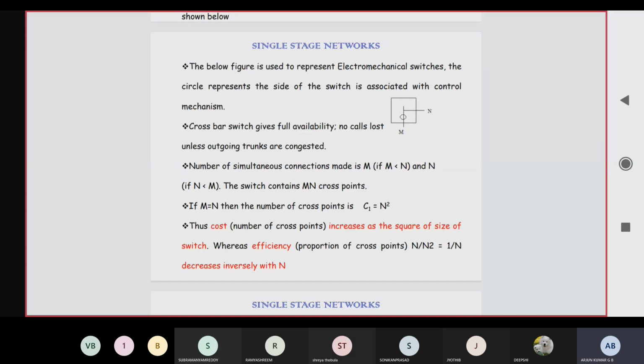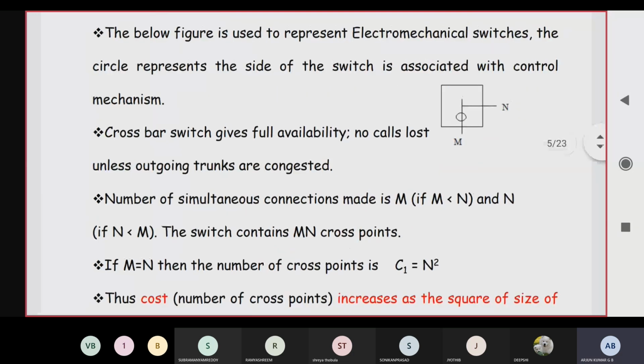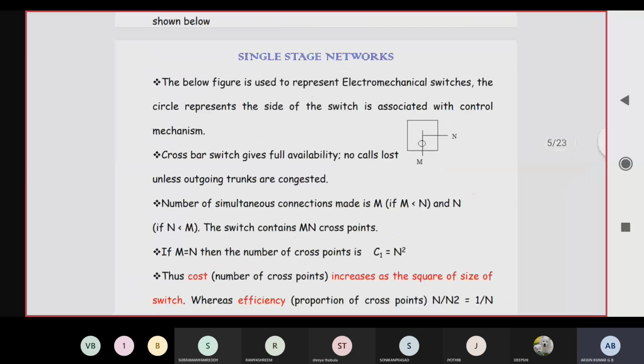Suppose m is less than n, or n is less than m, m is the input and n is the output, the switch contains mn cross points. We get the multiplication of cross points. Whether m is greater than n or n is greater than m, we get mn cross points.